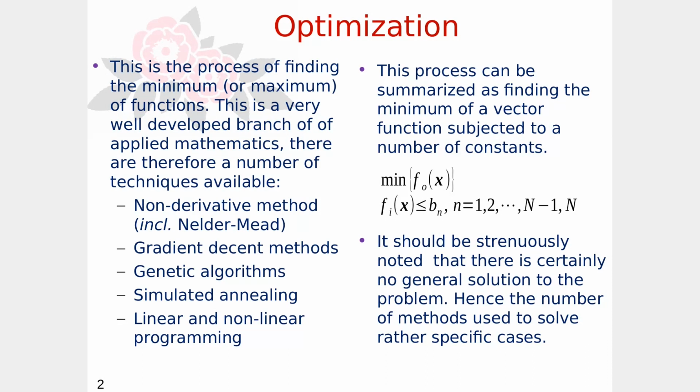The process can be summarized by finding the minimum of a vector function subject to a number of constraints.